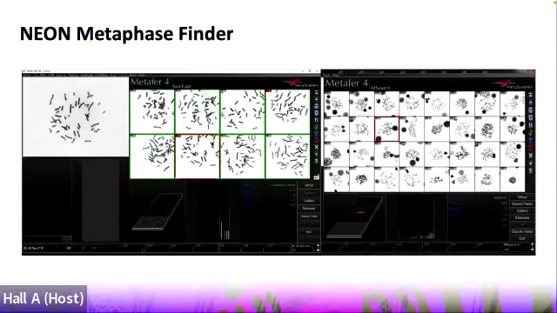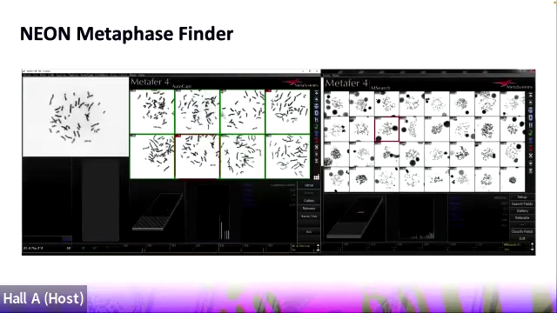We now have a different level of sophistication where we can actually use an algorithm in a program that allows us to locate the metaphases on the slide, which is a tremendous time saver. So this is probably one of the first points that I will highlight in terms of time savers in the laboratory.